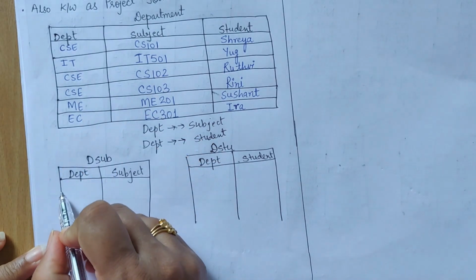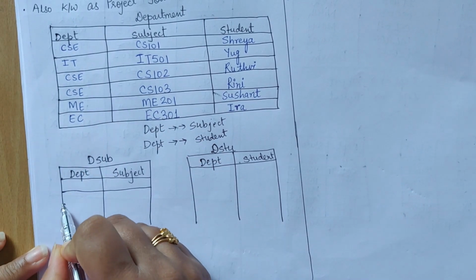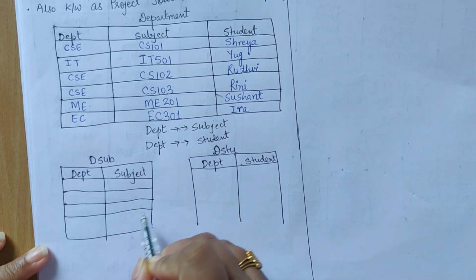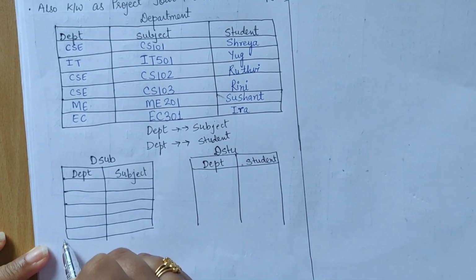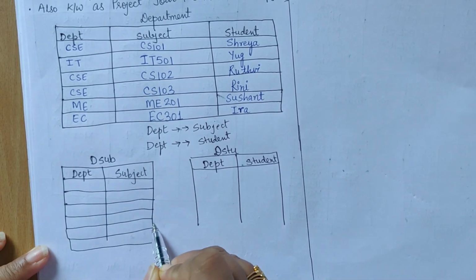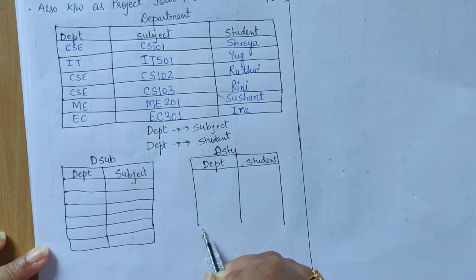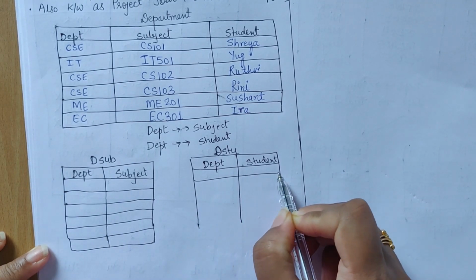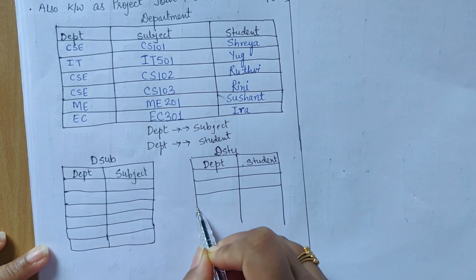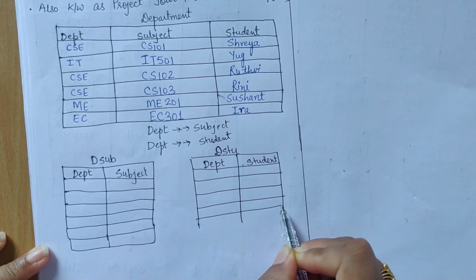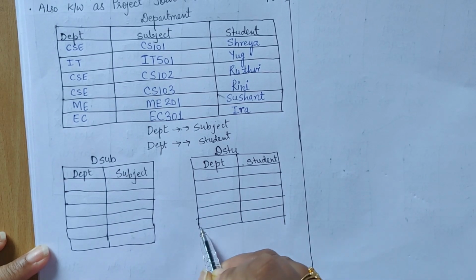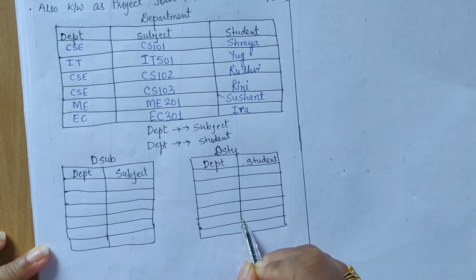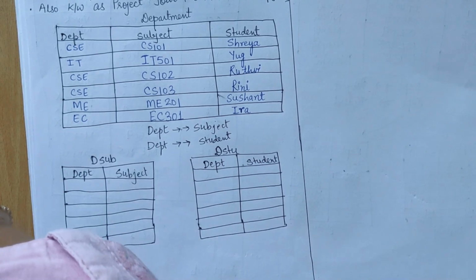So we have 6 tuples, and here also we have 6 tuples. Let me insert the values.